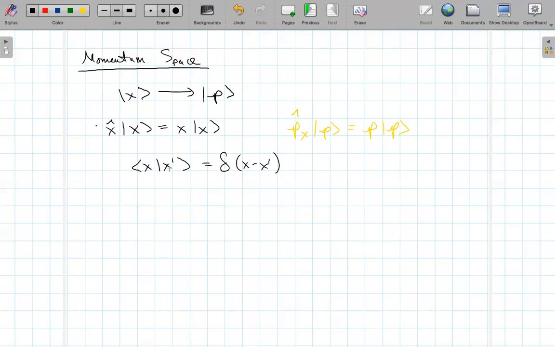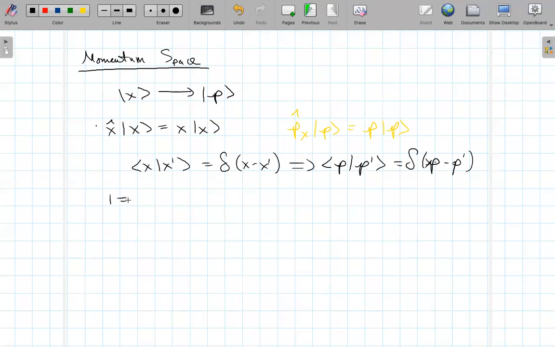Because position space is continuous, and momentum space is also continuous, the inner product between the momentum p and p prime is also equal to delta of p minus p prime, our Dirac delta function.